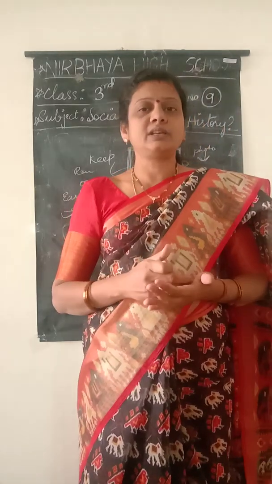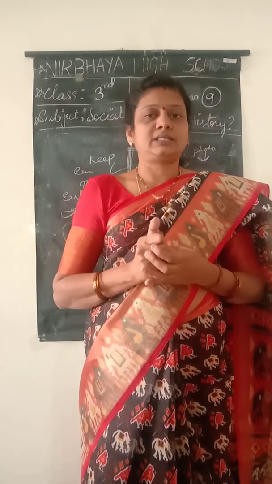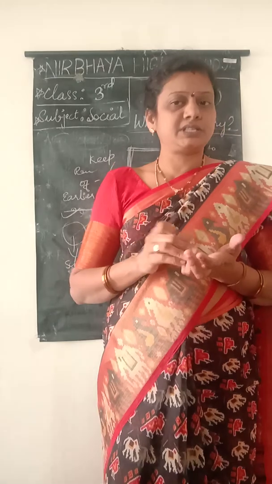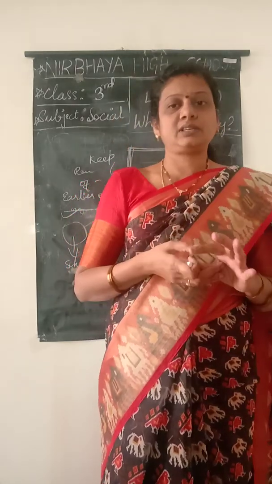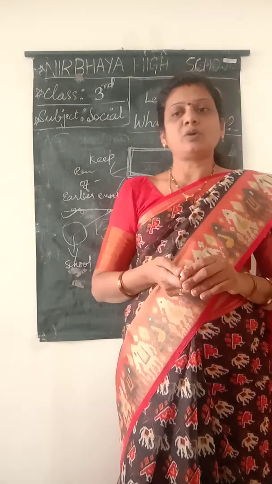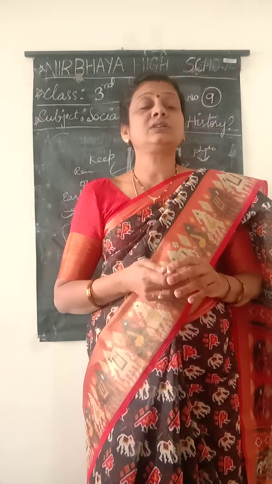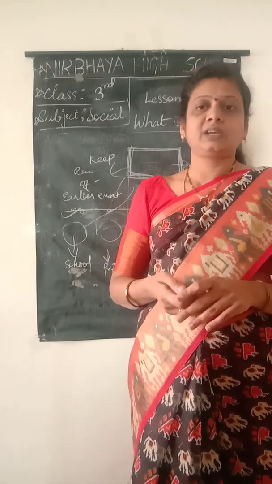These are called the sources of history. What are the sources of history, children? Objects, materials, buildings, and written stories. And stories that tell about the past are also a source of history. They may or may not be written.